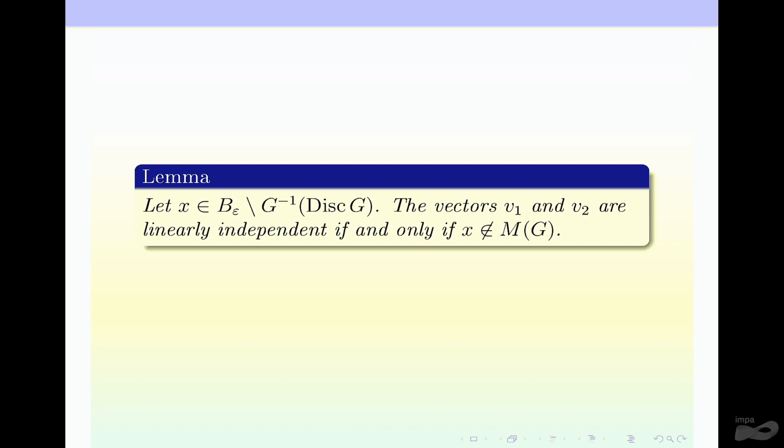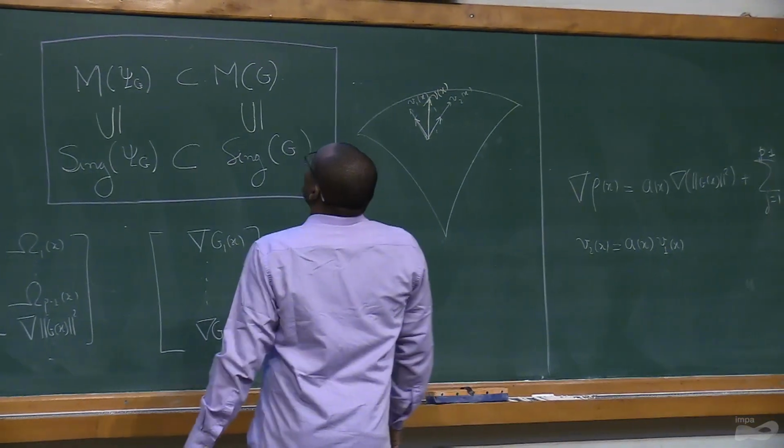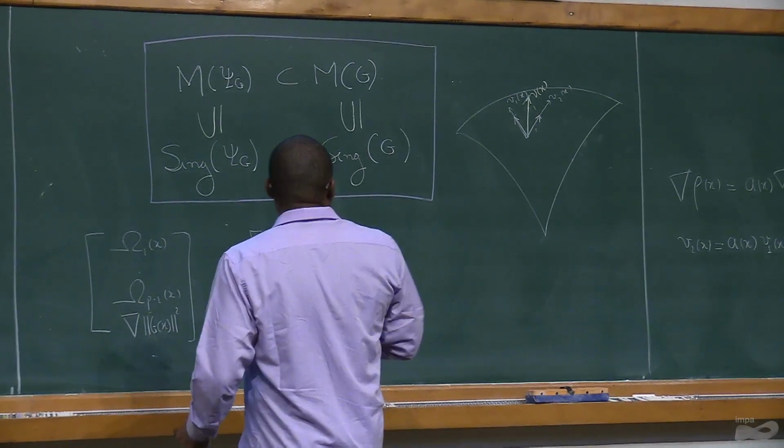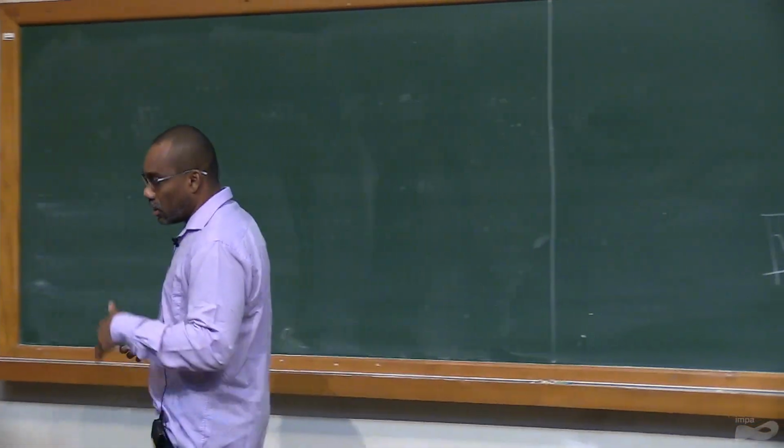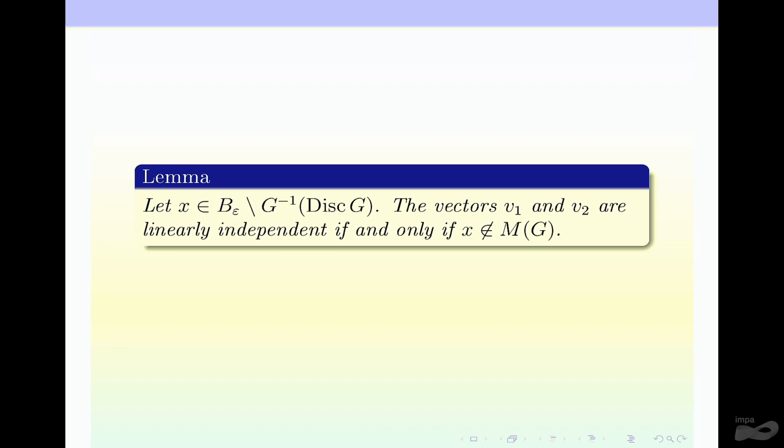Since they are linearly independent, such a combination is not zero. It's very well defined. I mean, there is no singularity for such a bisector vector field, and you are done. But of course, we want to extend such a vector field in a nice way to the Milnor set of G. That's the point.